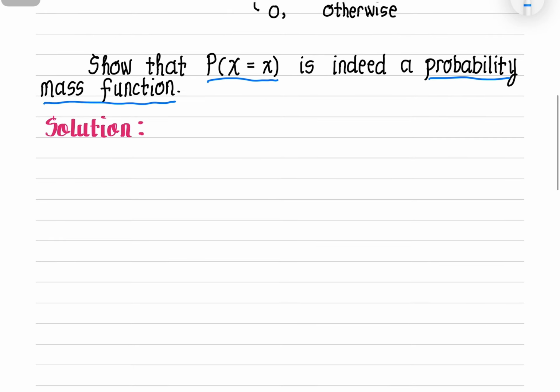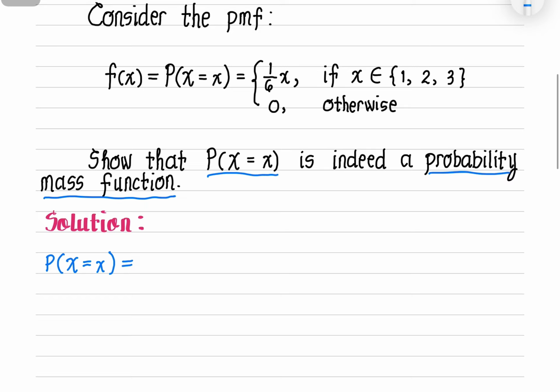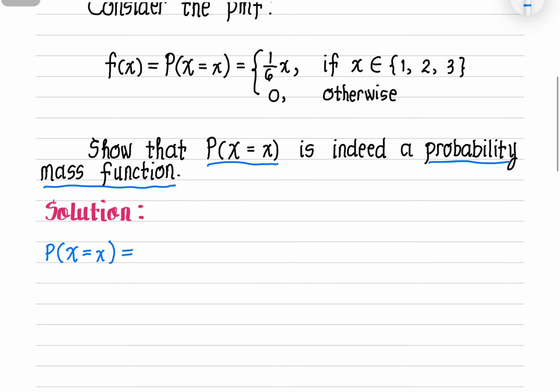Okay, so let's have solution first. So, dito, so we have P of x is equal to x equals, okay, so formula natin, we have 1 over 6, right? Okay, so 1 over 6 times your x is 1, right? Okay.